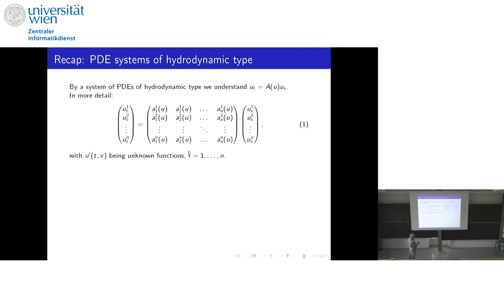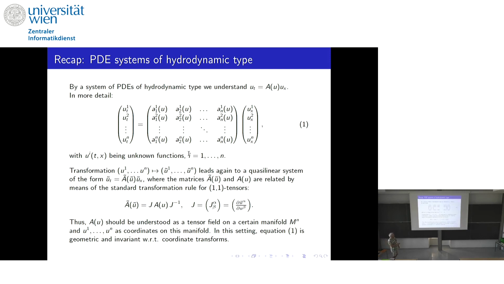So this is a PDE system, but in fact this matrix naturally is a 1-1 tensor on the n-dimensional space with local coordinates u.